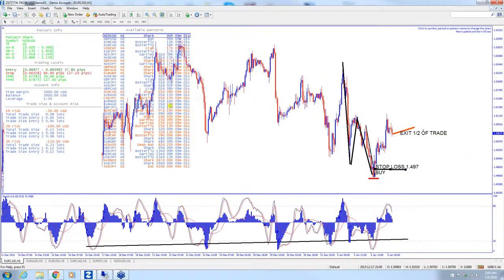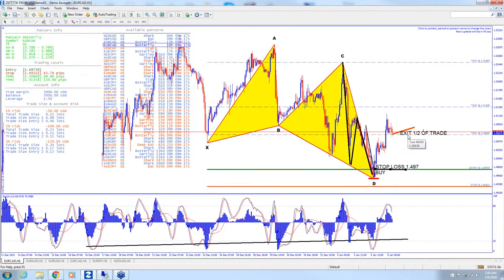Like right now, Michael, for the EUR-CAD, you have a break-even stop loss. You're exiting half of the trade that we put on yesterday, and you're sitting with no loss right now. You're sitting with a full profit, and a break-even stop on your balance.